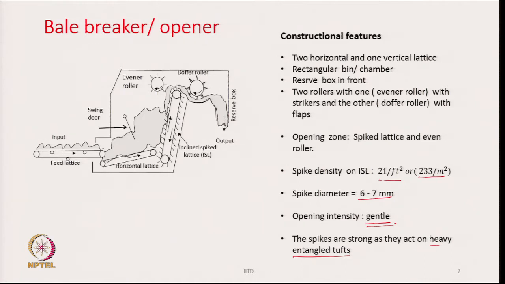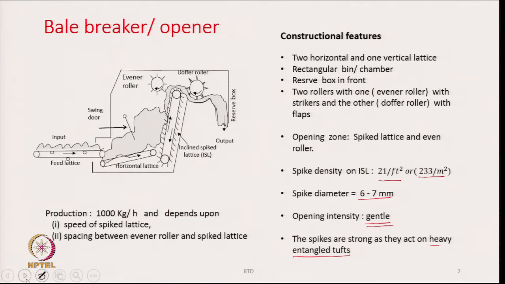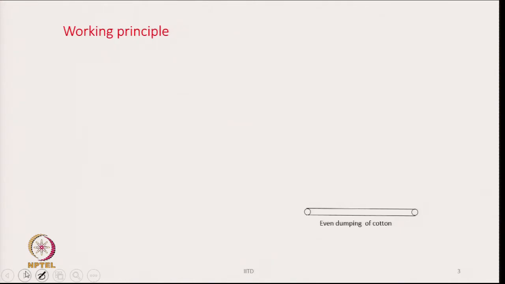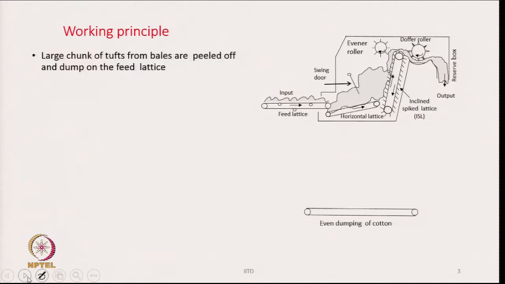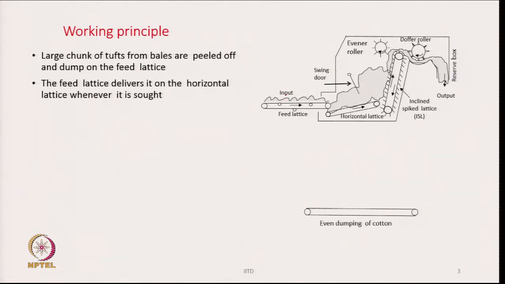So, this is the description of the equipment which is used to open the compact mass of fibers from the bale. If we try to understand the working principle of the machine, at the input we feed large chunks of tufts from bales.